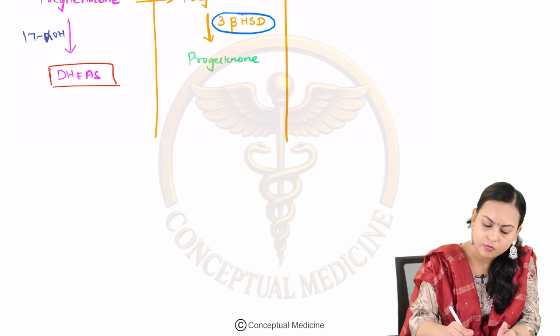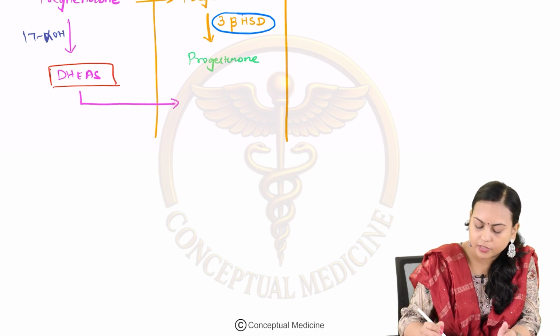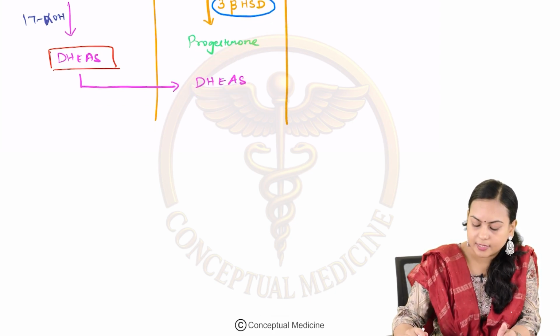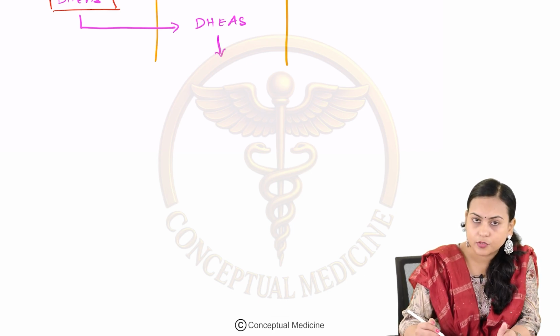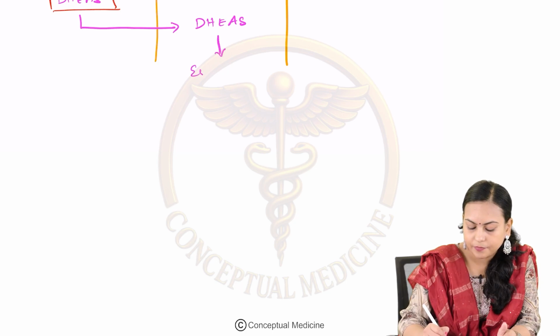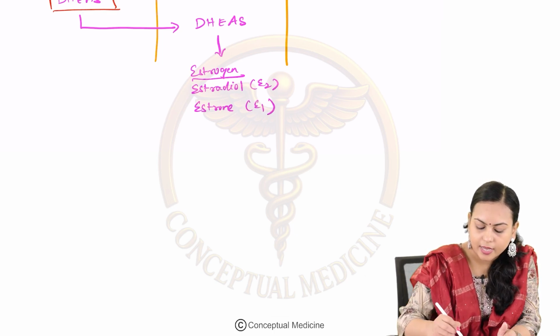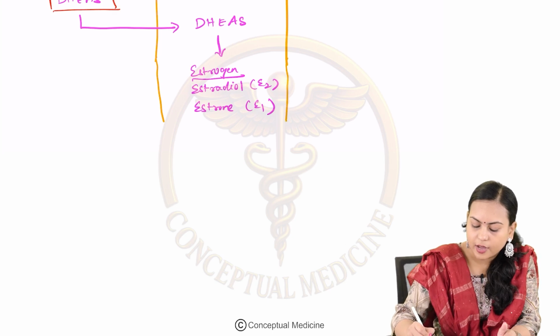Okay, now this DHEAS, that is dehydroepiandrosterone sulfate, is going to travel into the placenta and it will be converted into the various forms of estrogen, namely estradiol and estrone, which is E2 and E1, and this again will travel into the maternal bloodstream.